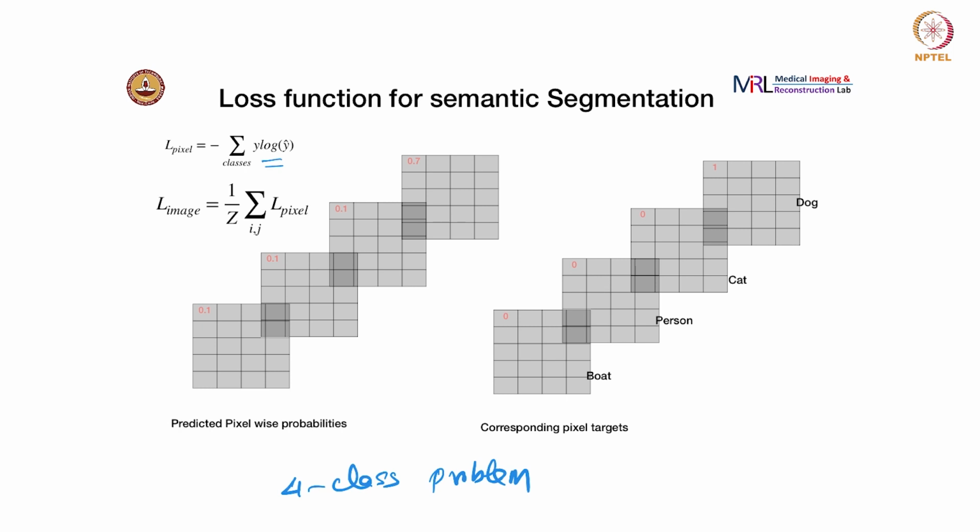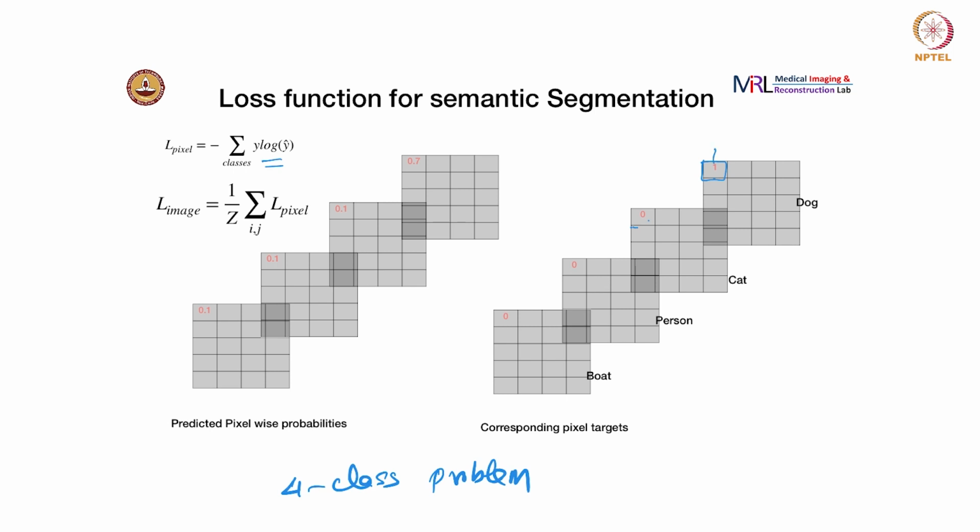I'm just going to take the example of 1 pixel. This we know for sure is dog. If that is dog, then it can't be anything else, so cat is 0, person is 0. So this is the ground truth, with the label 1 saying that this pixel belongs to dog.